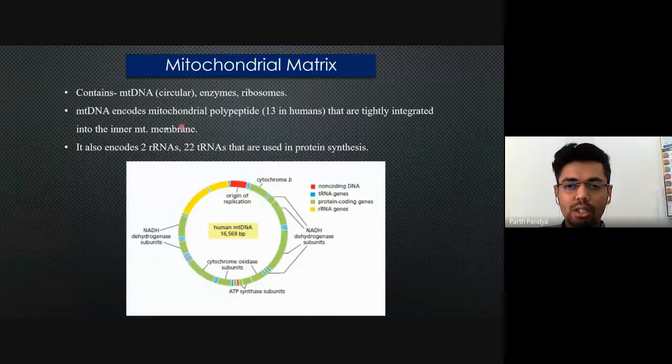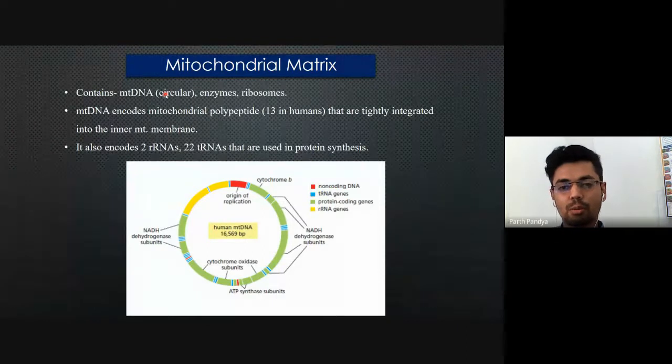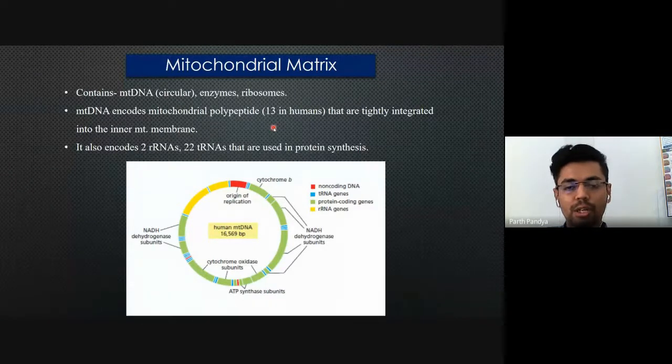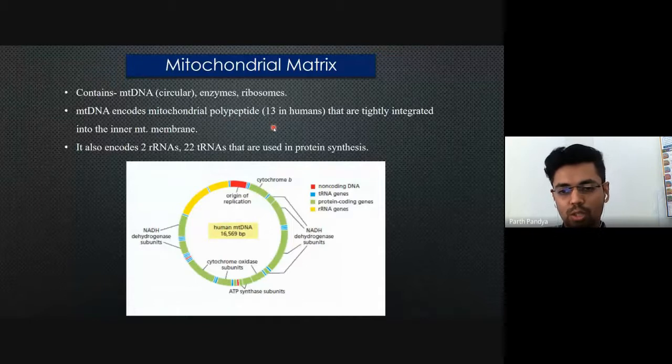Mitochondrial DNA is circular in nature and encodes enzymes and certain parts of the ribosomes. In humans, 13 mitochondrial peptides, 2 rRNAs and 22 tRNAs used in protein synthesis are encoded by the mitochondrial DNA itself.